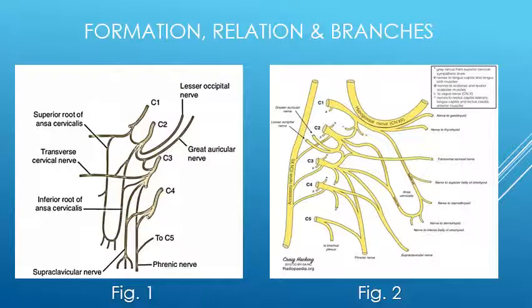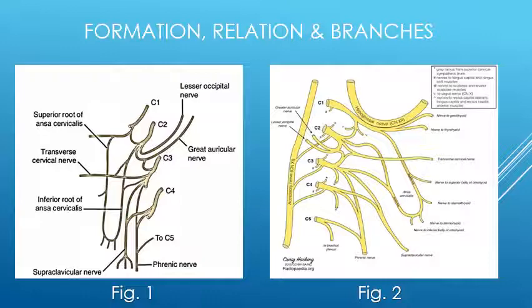But some of these C1 fibers leave the hypoglossal nerve and descend as the superior root of the ansa cervicalis. This descending branch then unites with the descending cervical branches from C2 to C3, and when they are joined together, they form the ansa cervicalis.